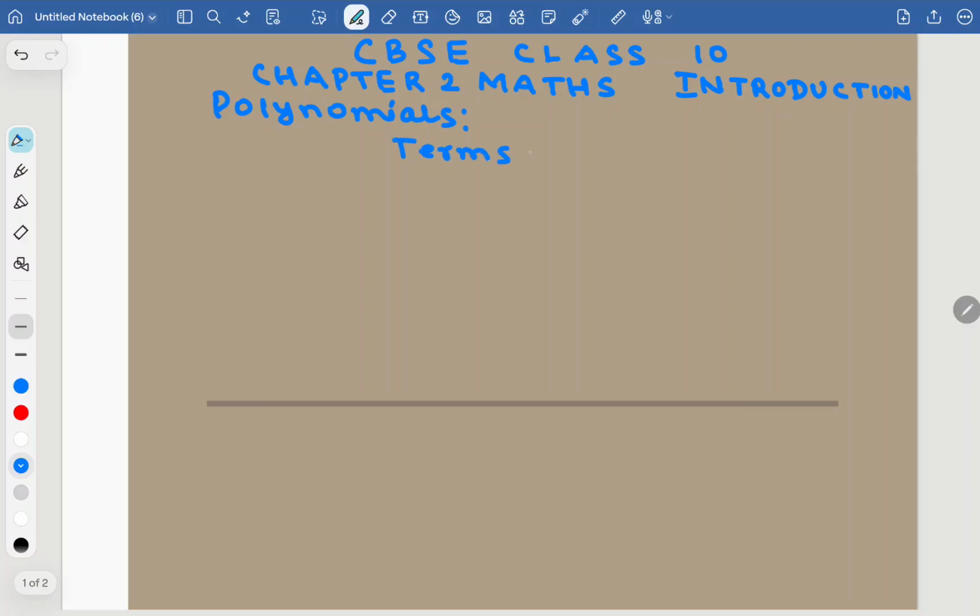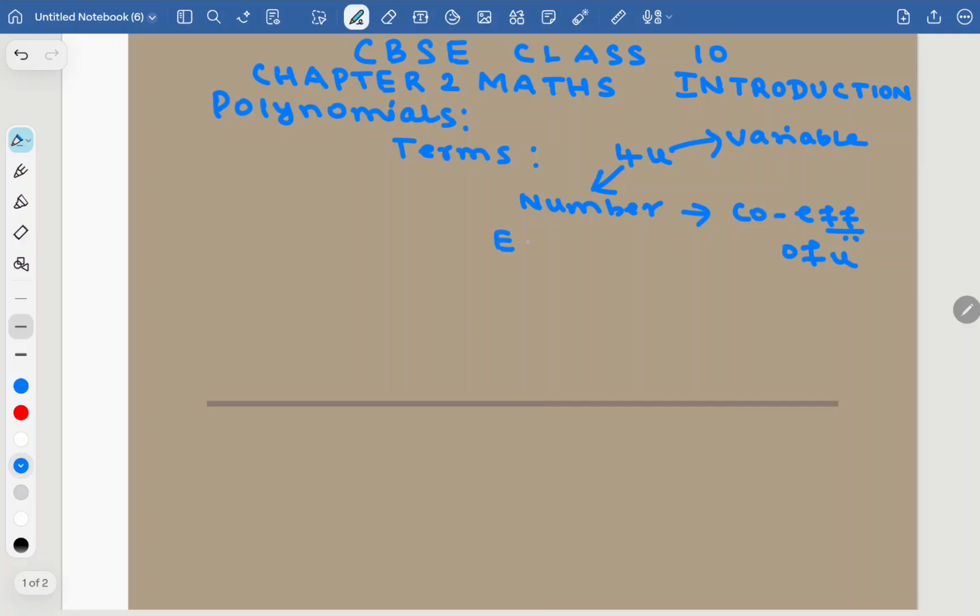What is a term? If I take an example for you, here this one, which is a number, the coefficient of u. This u is a variable.